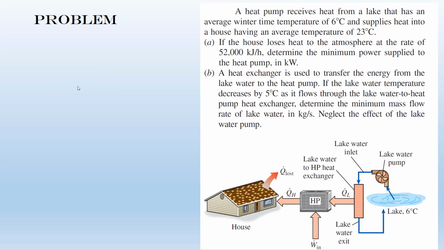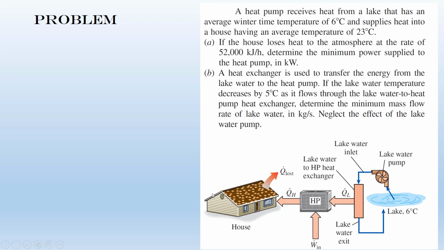The second one, guys: there is a heat pump, and this heat pump receives heat from a lake. The temperature of this lake is 6 degrees centigrade, and it supplies heat into the house at a temperature of 23.